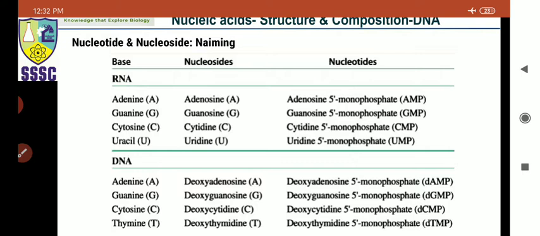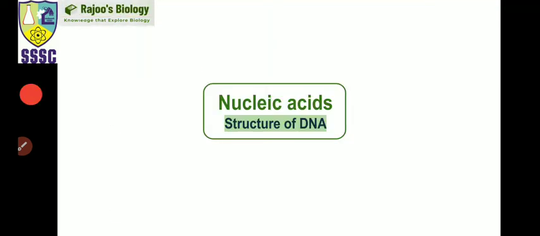And when there is one more phosphate, it is known as deoxyadenosine monophosphate, deoxyguanosine monophosphate, deoxycytidine monophosphate and deoxythymidine monophosphate. So this is all about nucleotide and nucleoside.